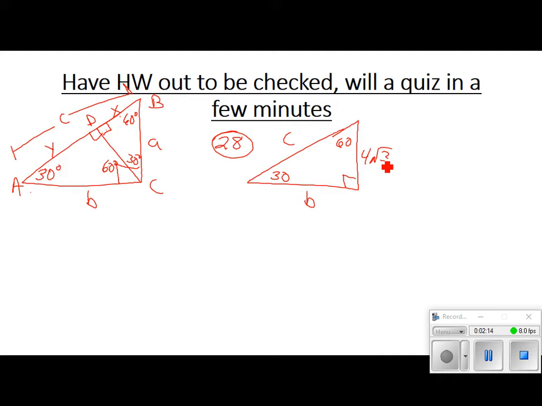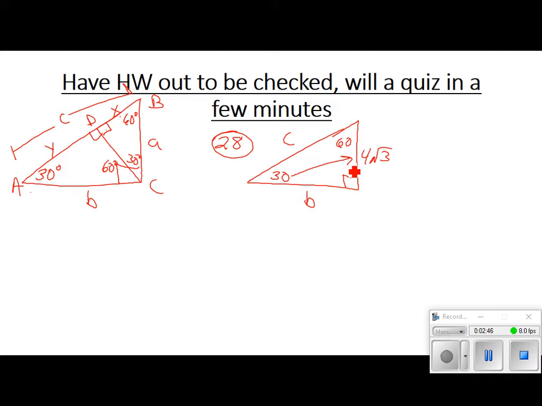In a 30, 60, 90 triangle, you're going to have to know this on this quiz that you're getting ready to take. The side across from the 30-degree angle should be labeled what? X. Now we're actually going to change that. Remind me, we'll go back in your notes. The side across from the 30 is always X, but we're going to change it.